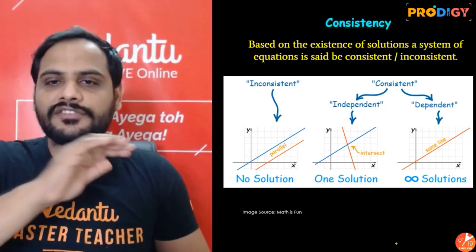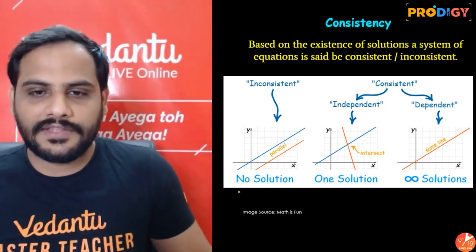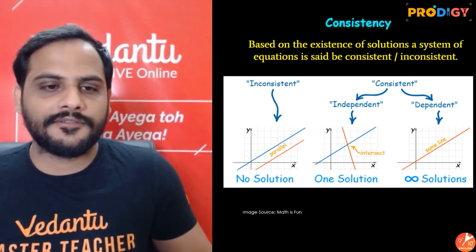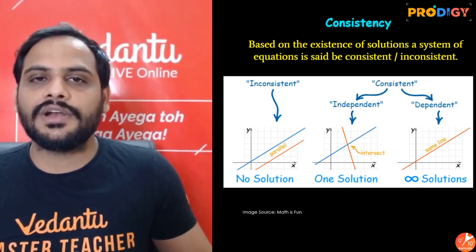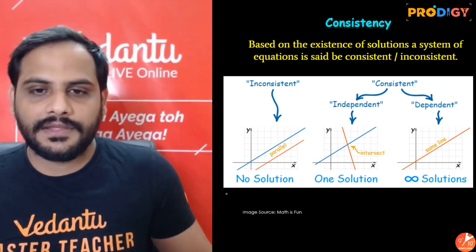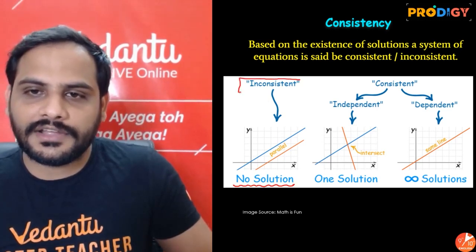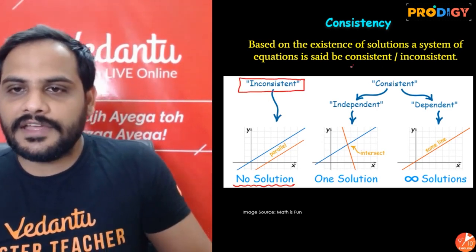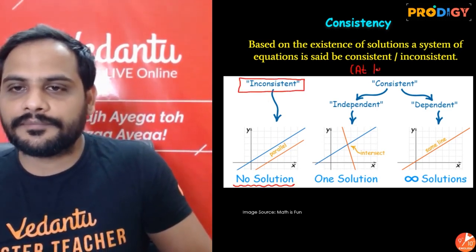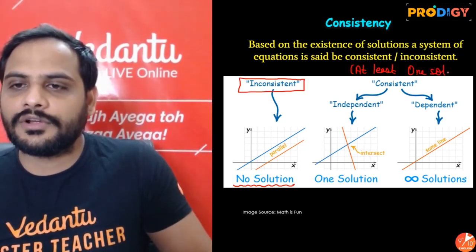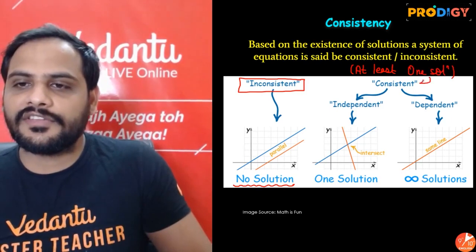If there exists no solution, then we call that pair of linear equations an inconsistent pair. And if there is at least one solution, then we call it a consistent pair.